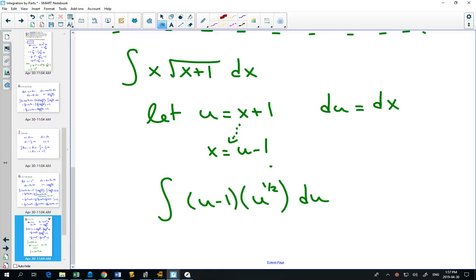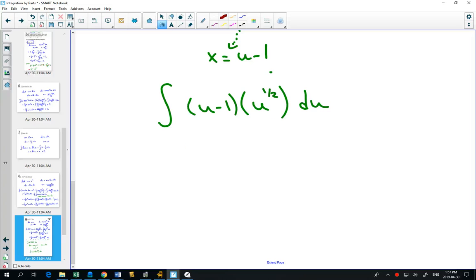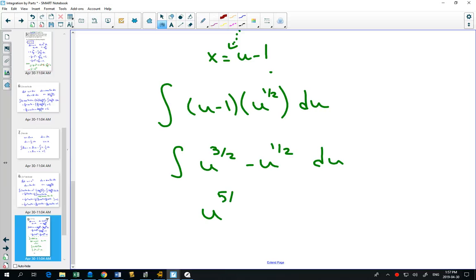Here, I can distribute. Before with the x's, I couldn't. And so, I get u to the 3/2 minus u to the 1/2 du, and that is a simple integral, your basic integration rules. So add 1 to the exponent, divide by your new exponent, which I'm going to multiply by the reciprocal right away. Add 1 to my exponent. We would divide by 3/2, but multiplying by the reciprocal right away, 2/3 plus c.